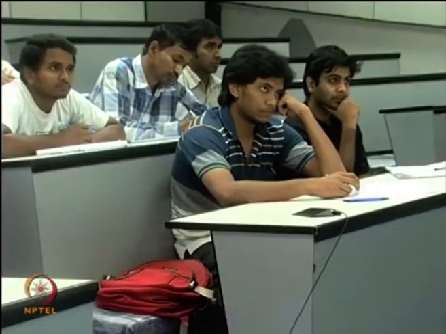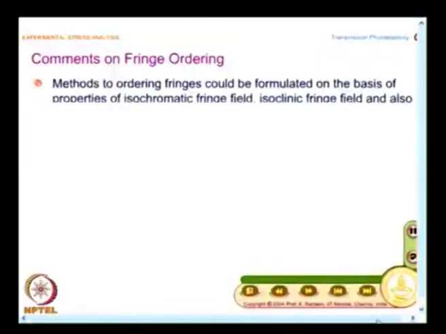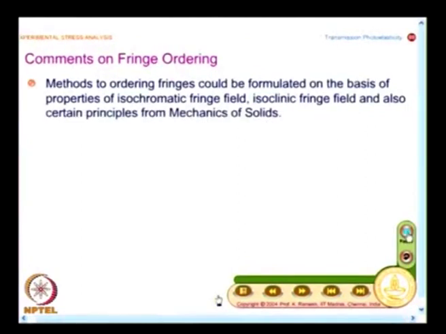So, what we have seen is we have also looked at the f sigma calculation, and now we have to go to a very important topic, which I said that I will reserve separately, is how to identify fringe orders, because I need to get fringe order n and f sigma for me to get stress values in any one of the actual problems.